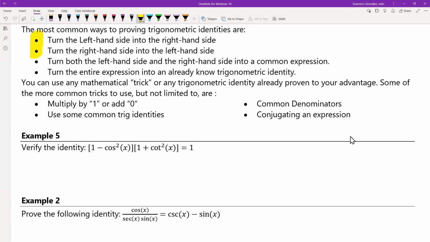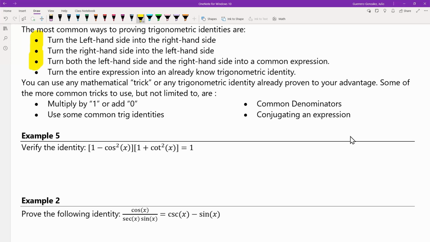What you want to do here is either grab the left-hand side of your expression and turn it into the right, or grab the right-hand side of the expression and turn it into the left-hand side of the expression, okay? How you want to do that is up to you. It is up to you, okay? Those are the first 2, those are the primary ones that get used, okay?